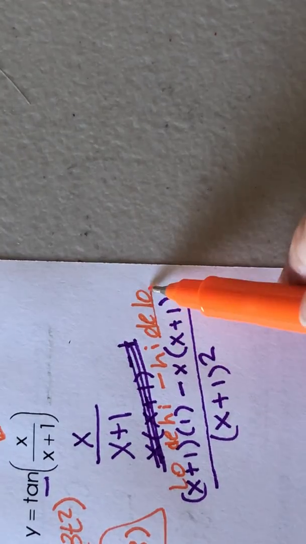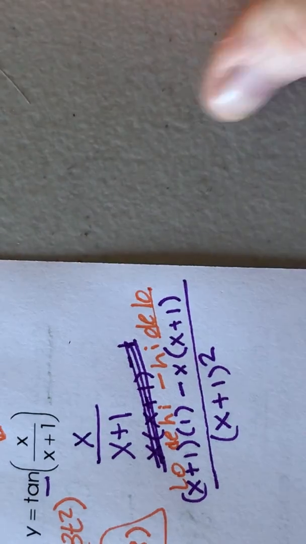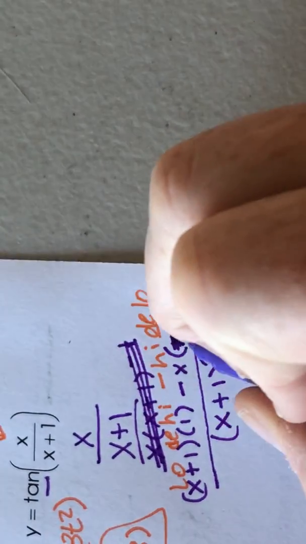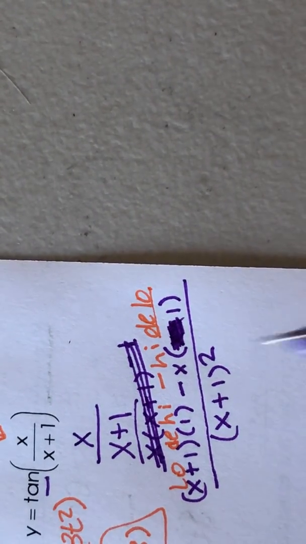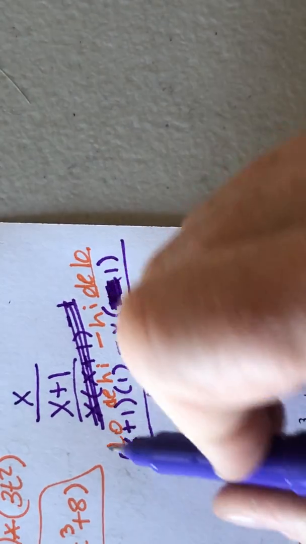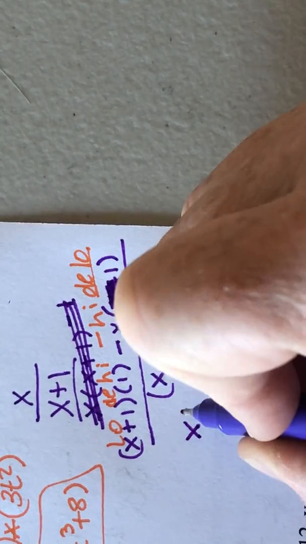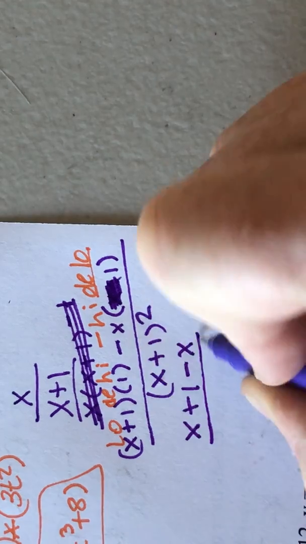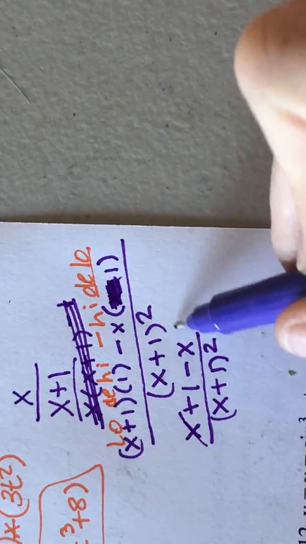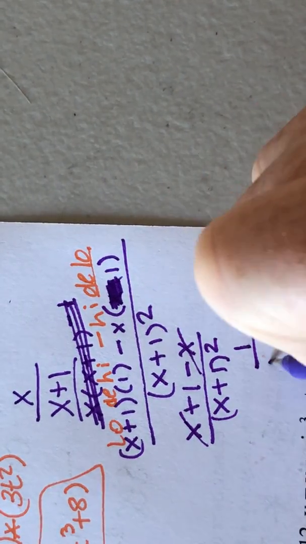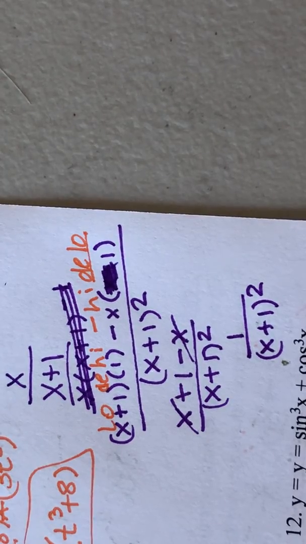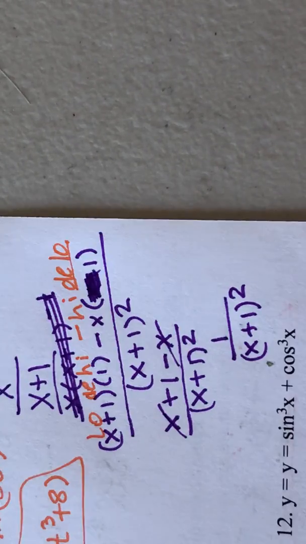So the derivative of low is just 1. Sorry. The derivative of low is just 1. Okay, all over low squared. All right, so this ends up being x plus 1 minus x all over x plus 1 squared. Those x's cancel, so I'm getting 1 over x plus 1, the whole thing squared. That's the derivative of the inside, okay?